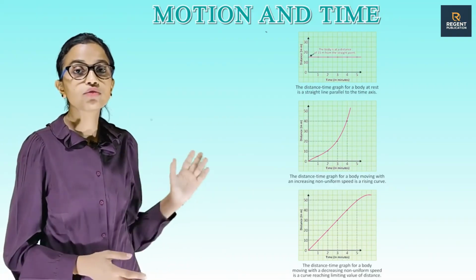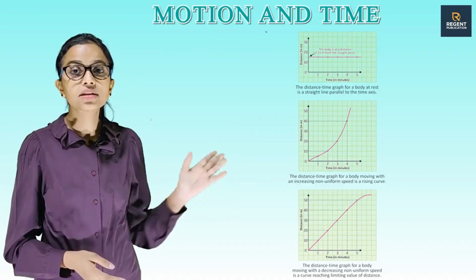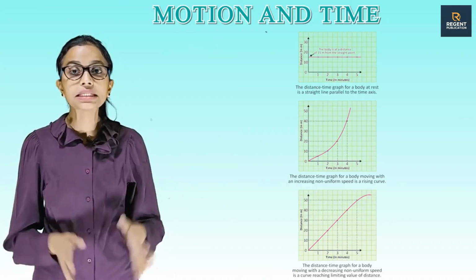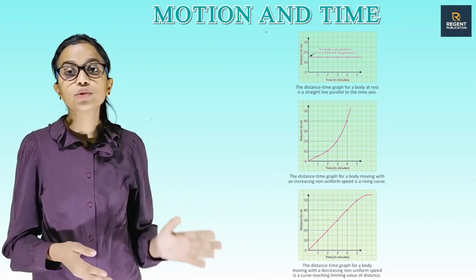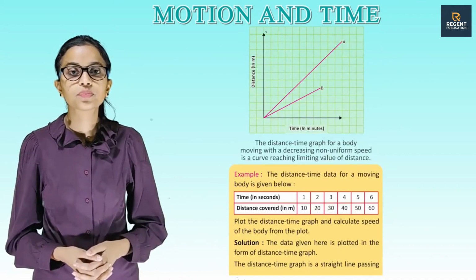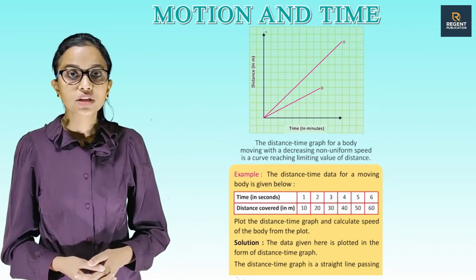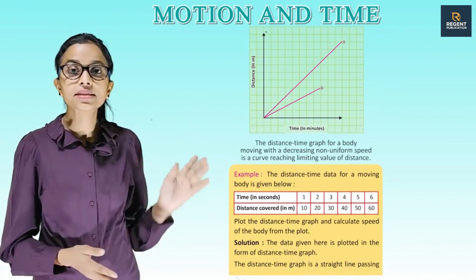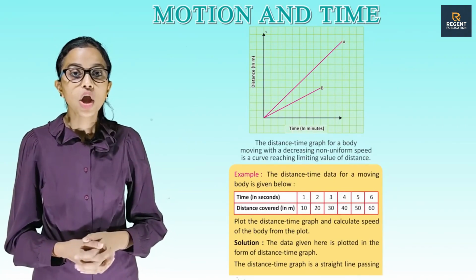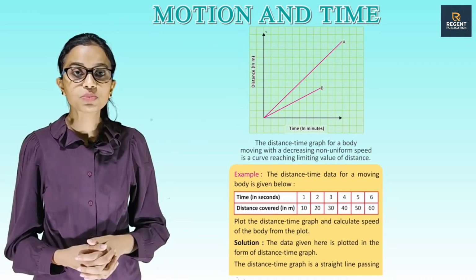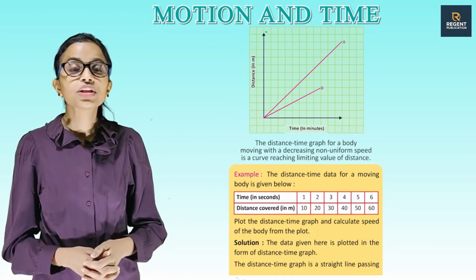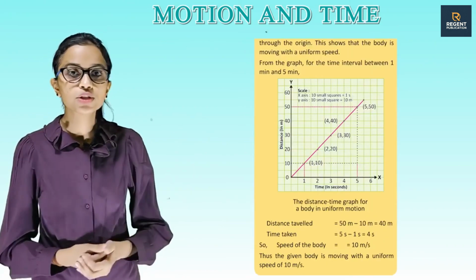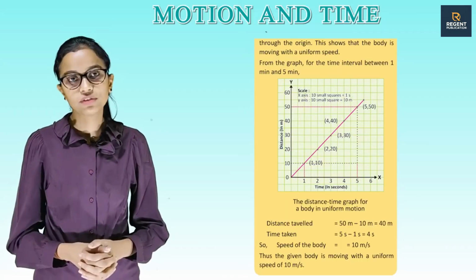And the third one is the distance time graph for a body moving with a decreasing non-uniform speed, which is a curve reaching limiting values of distance. So students, there is an example, so go through it and try to solve it.